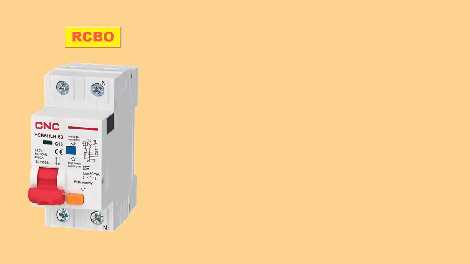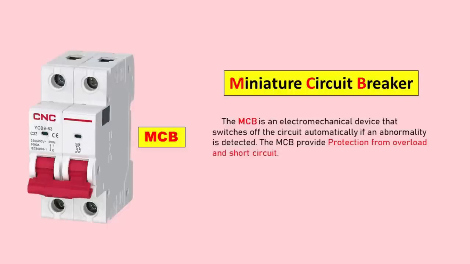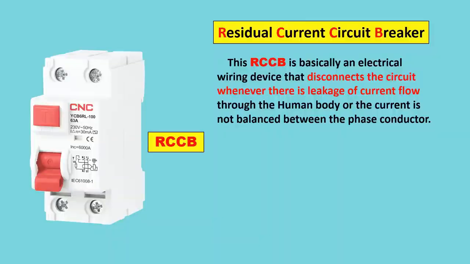Now here we have a RCBO. Full form of RCBO is Residual Current Circuit Breaker with Overload Protection. By listening to its name, you must have got an idea what the working of RCBO is. But I will explain you everything. Like I told you in the starting that MCB provides us protection from overload and short circuit. After this I told you that RCCB provides protection from earth fault.